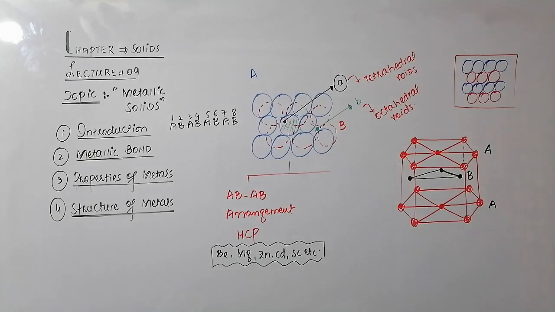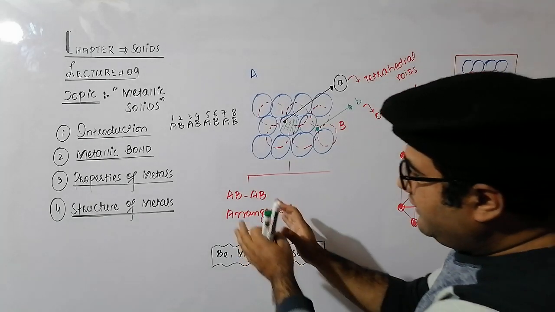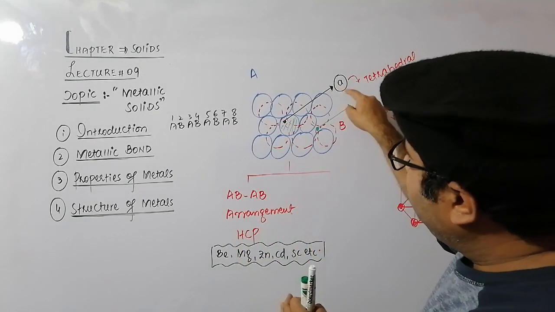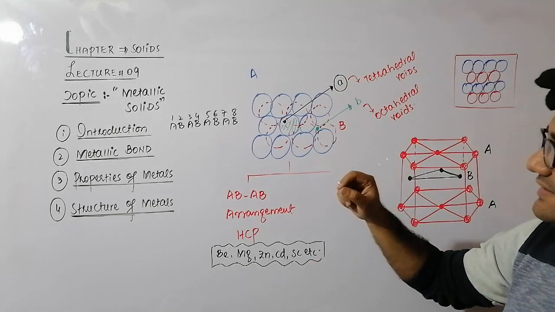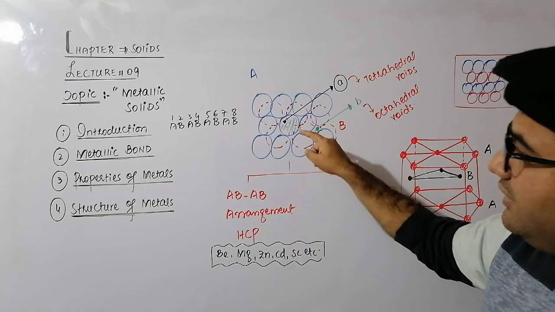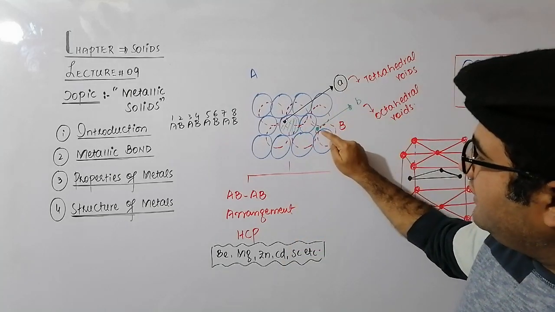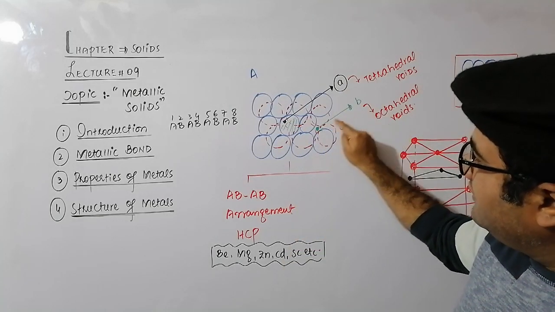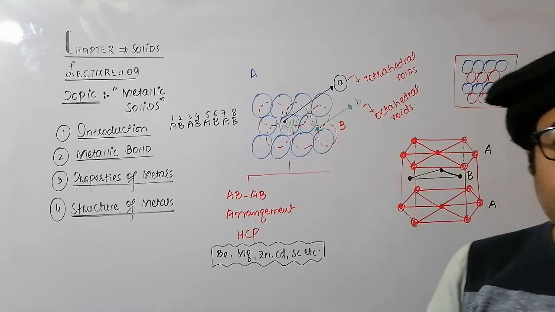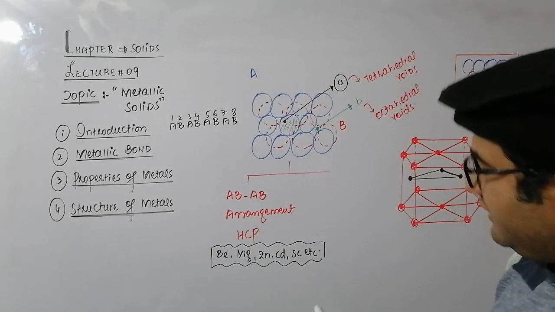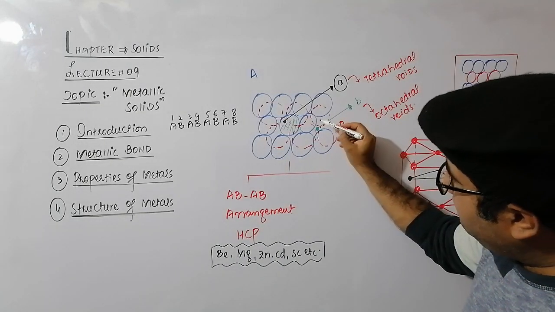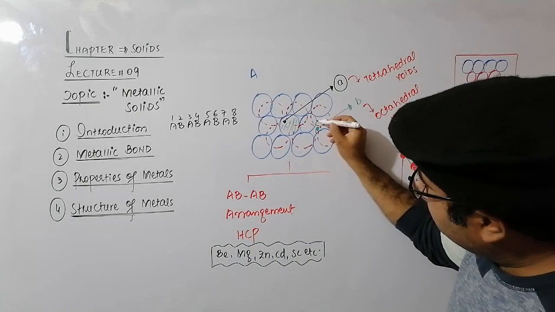Now let us move towards the second one. Now in this case of AB arrangement, we covered this empty space A, which is the tetrahedral void. Now if you want to place the balls of the third layer, there is not only a single option A, but there is another option, this one, B voids. B voids can also be covered with the balls of the third layer. And if you cover this B, now the ball will be something like this.